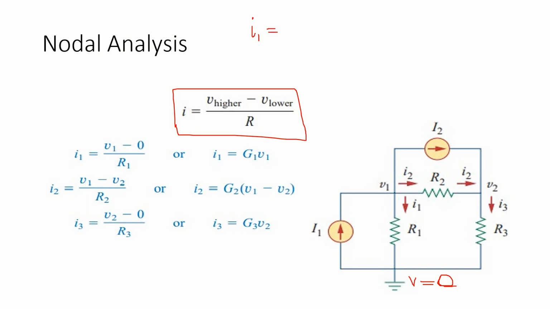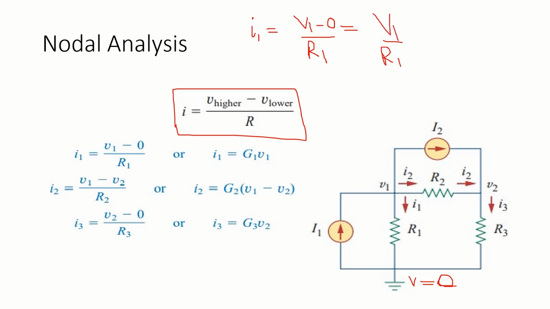The higher potential is V1, and the lower potential is 0. So I1 is V1 minus 0 divided by the resistor. Which resistor is between V1 and 0? That is capital R1. So I1 can be expressed as V1 over R1.